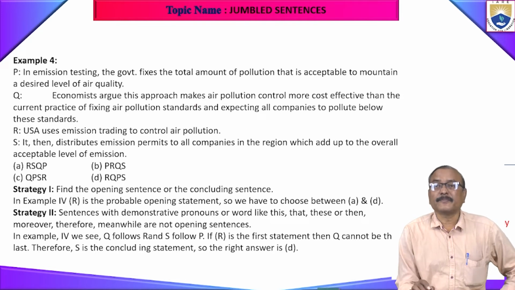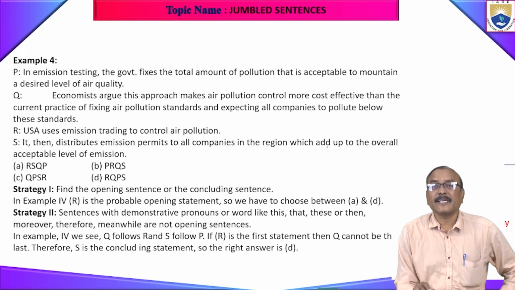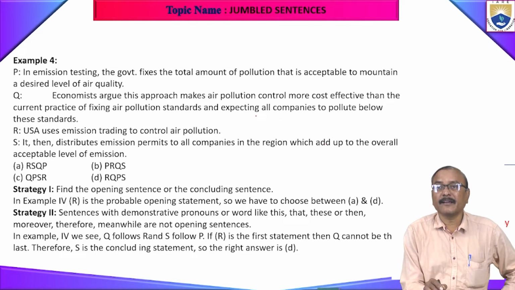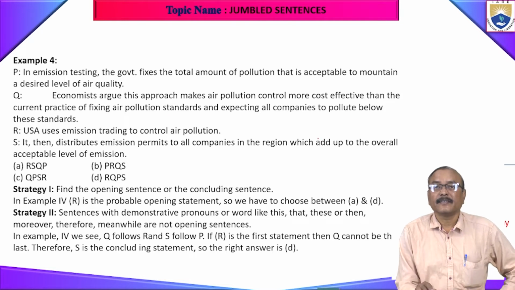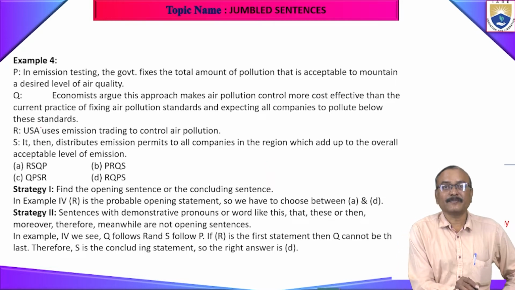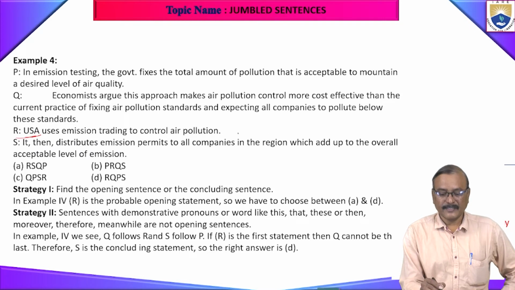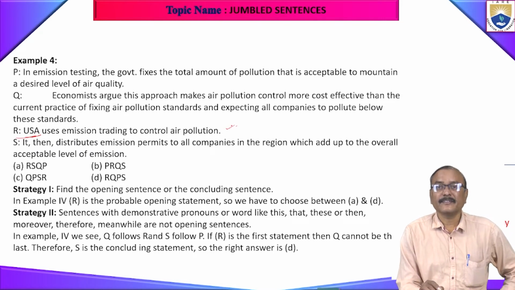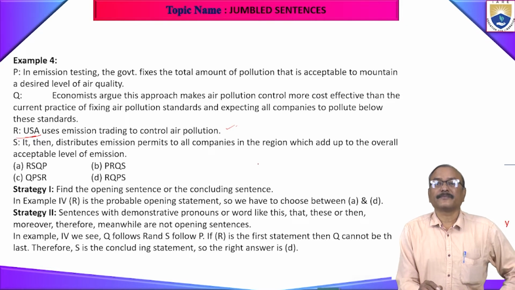Economists argue this approach makes air pollution control more cost effective than the current practice of fixing air pollution standards and expecting all companies to pollute below these standards. Next, USA uses emission trading to control air pollution. Since this begins with a specific country, this is the first one. Next one.